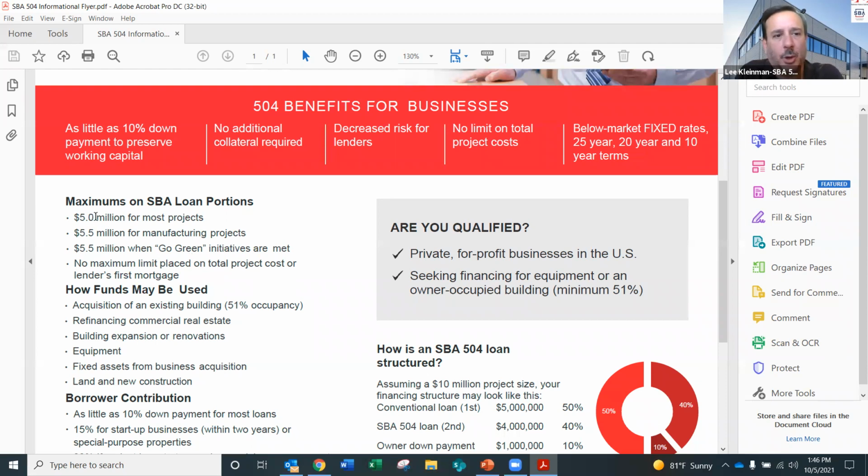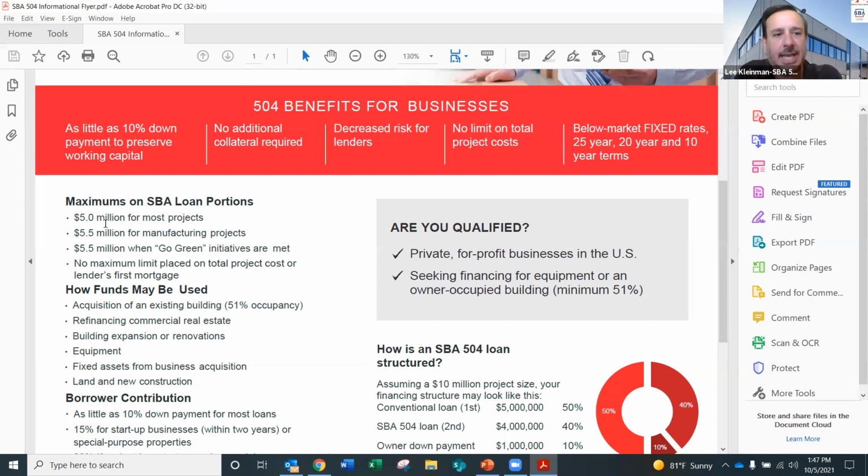Now, the first borrowing tranche could be eaten up by one building or 10 buildings. There's no limit to the number of projects that can be financed as long as they meet the lending limits. Let's say a company bought 2 buildings in different locations, and each property has a $2.5 million 504 second mortgage.